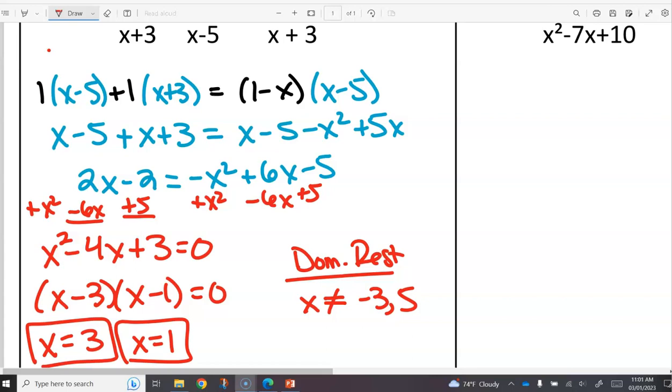Both are okay. I can put those into my denominators and never get a 0. Any questions?